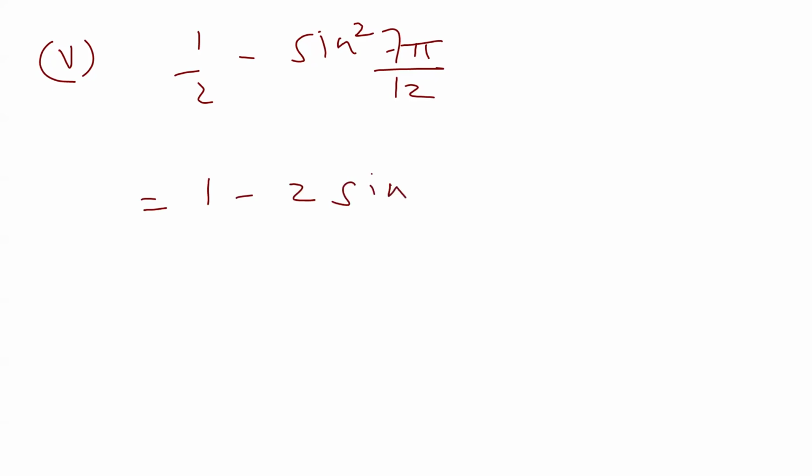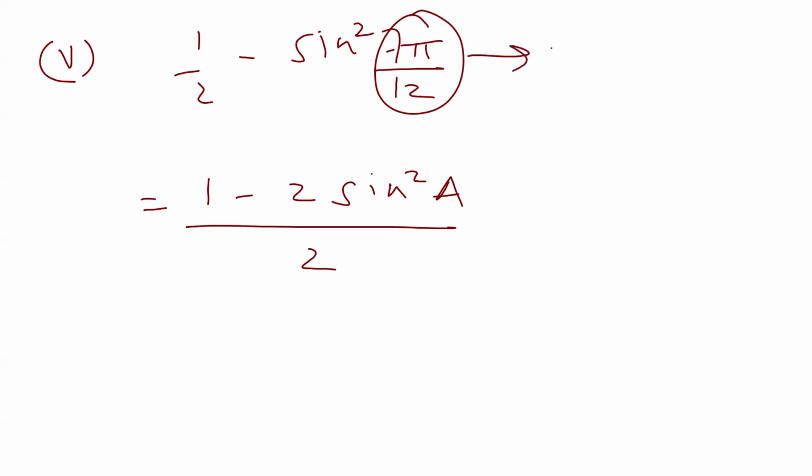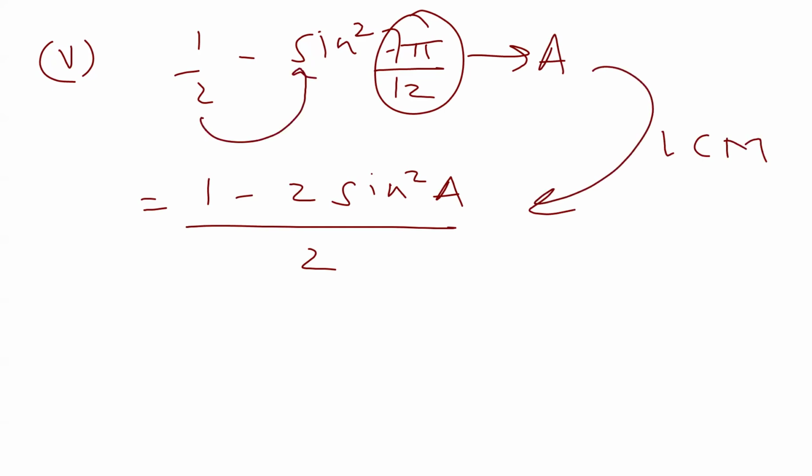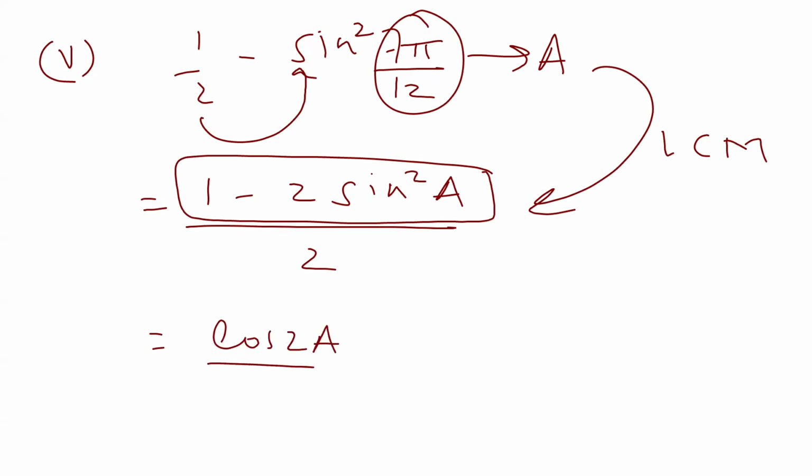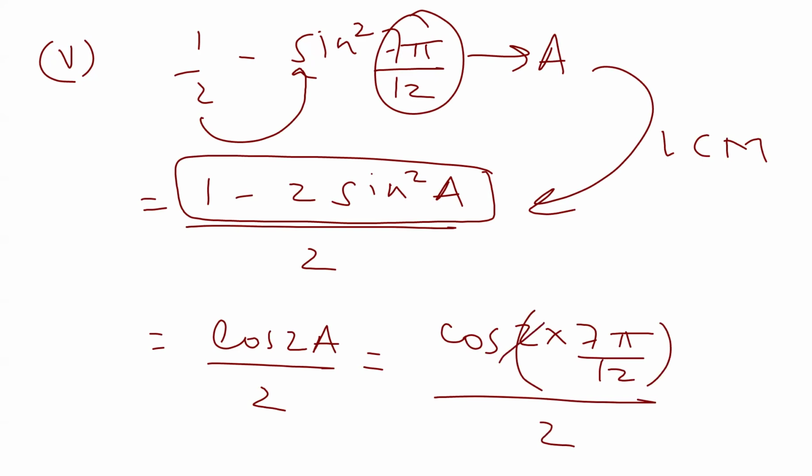Question number 5, half minus sine square 7 pi by 12, which is equal to 1 minus 2 sine square A upon 2. See, I've assumed this to be A, and also I have taken LCM. I've sent this 2 over here. 1 minus 2 sine square A is cos 2A upon 2. So 2 into A is 7 pi by 12, so 2 ones are 2, 6 twos are 12.